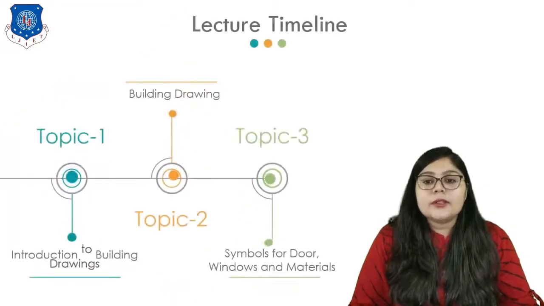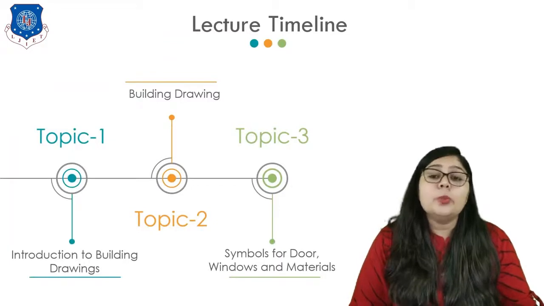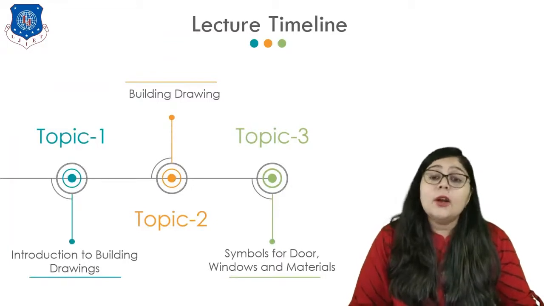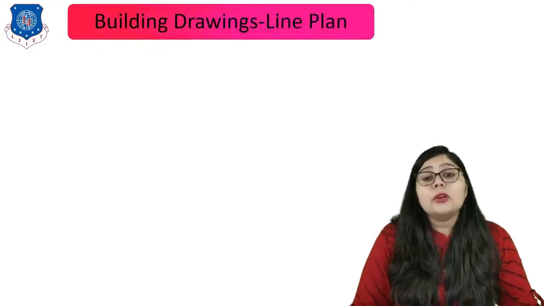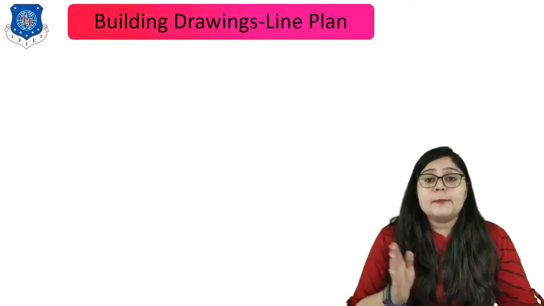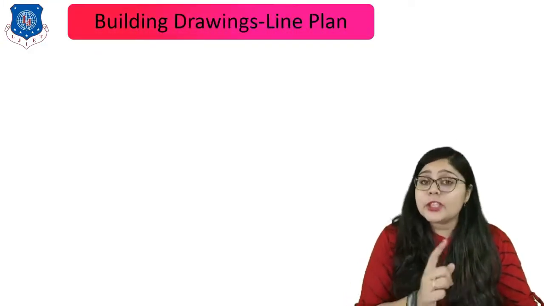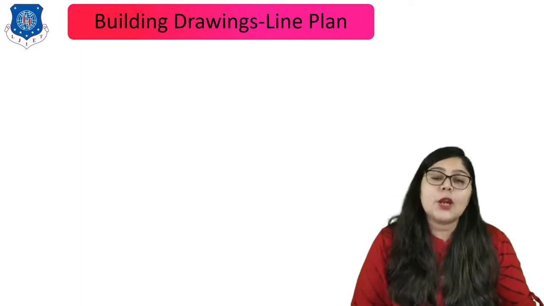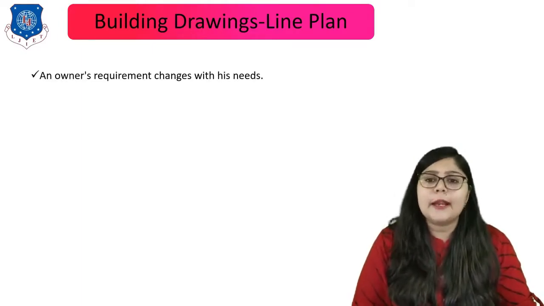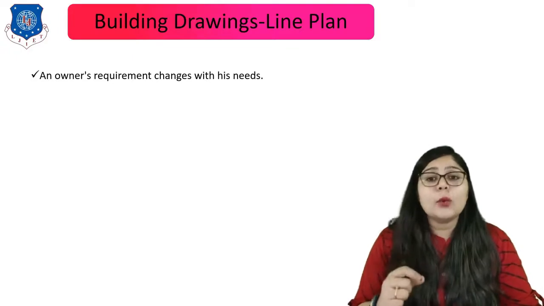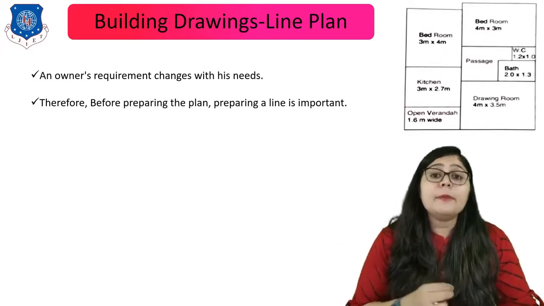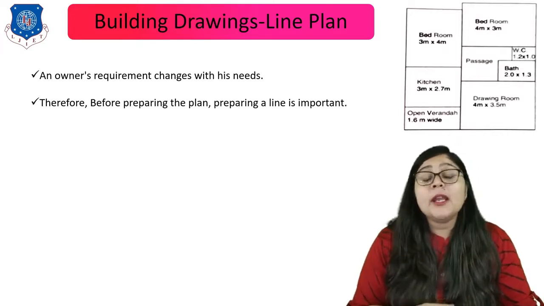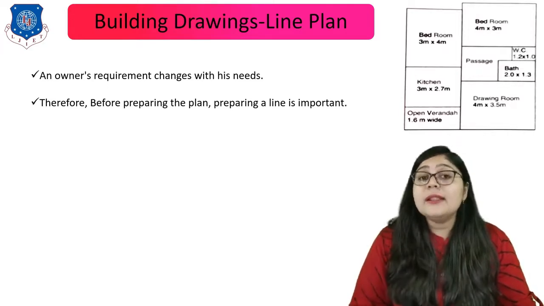So we have discussed the introduction to building drawings. Now let us see how to draw these building drawings, right? Before drawing in detail, that is plan, elevation and section, first we have to draw the line plan of any building. Now what is that line plan? An owner's requirement changes with his needs, right? Therefore, preparing a line plan is important. Now what is a line plan?